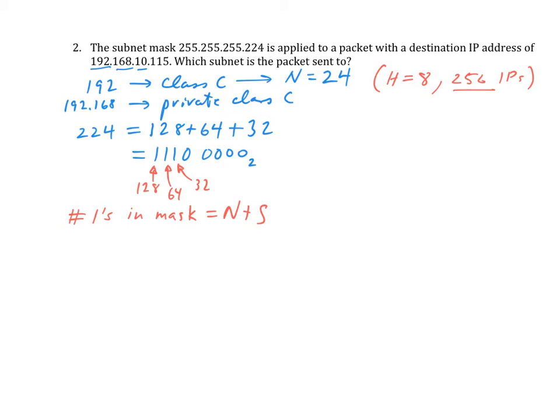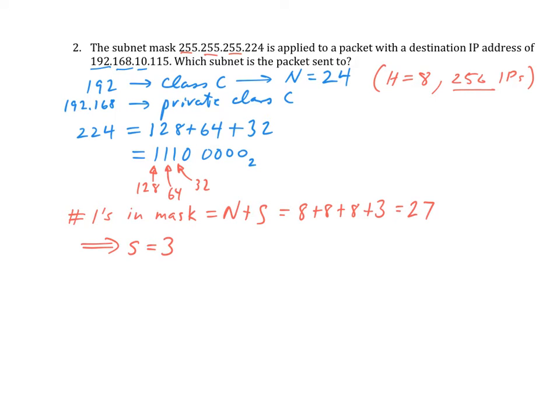With n equal 24, the number is 8 plus 8 plus 8 for the first 3 octets, the 255s, those are all ones, plus the 3 that we got here. This is 24 plus 3, or 27. And if n plus s is 27 and n is 24, that implies that s is equal to 3.